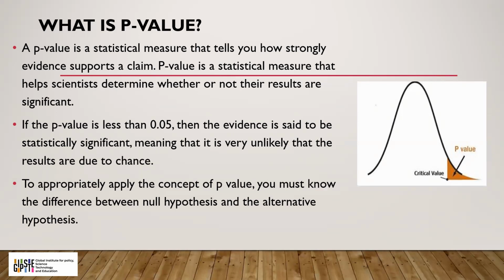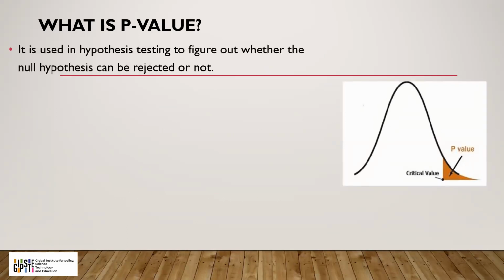To appropriately apply the concept of p-value, you must know the difference between null hypothesis and alternate hypothesis. We'll get into it. P-value is used in hypothesis testing to figure out whether the null hypothesis can be rejected or not, okay?